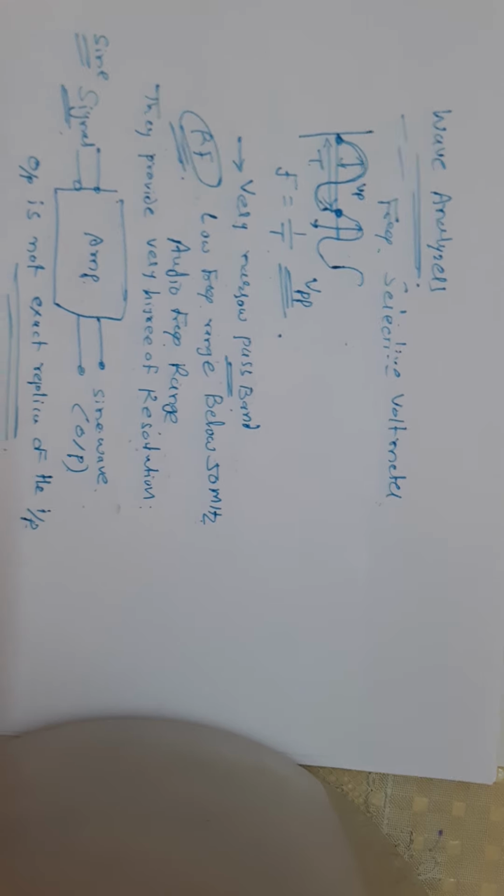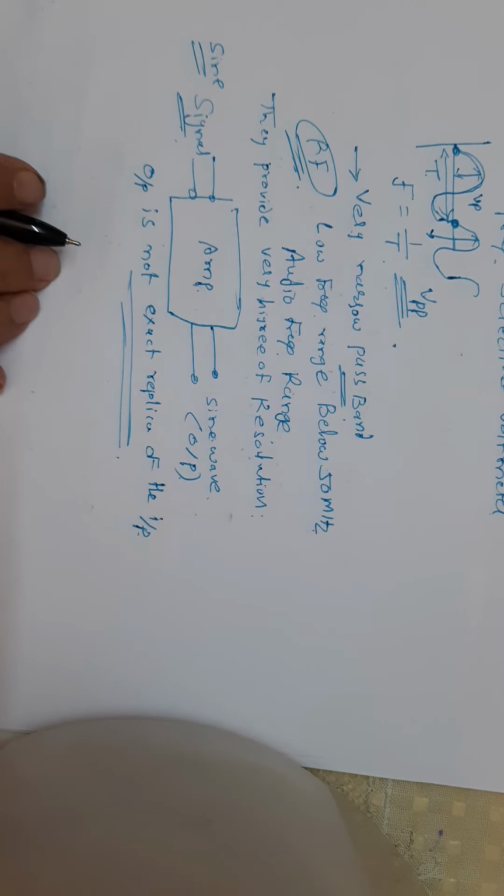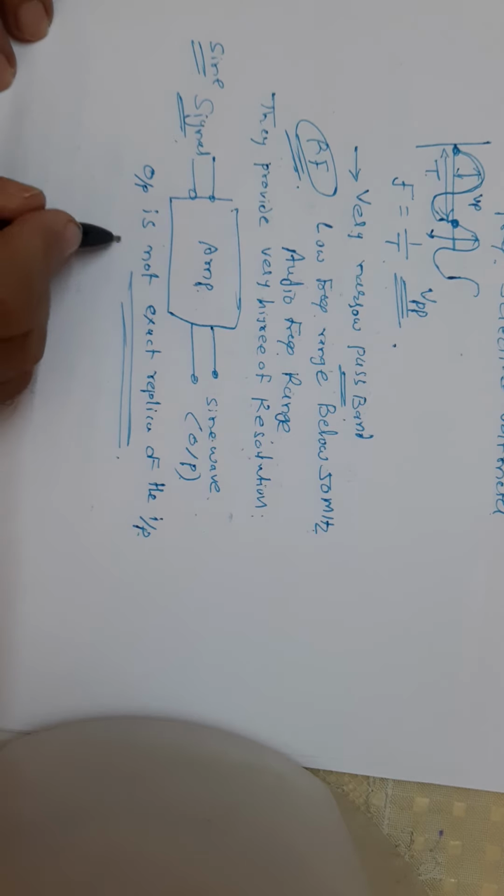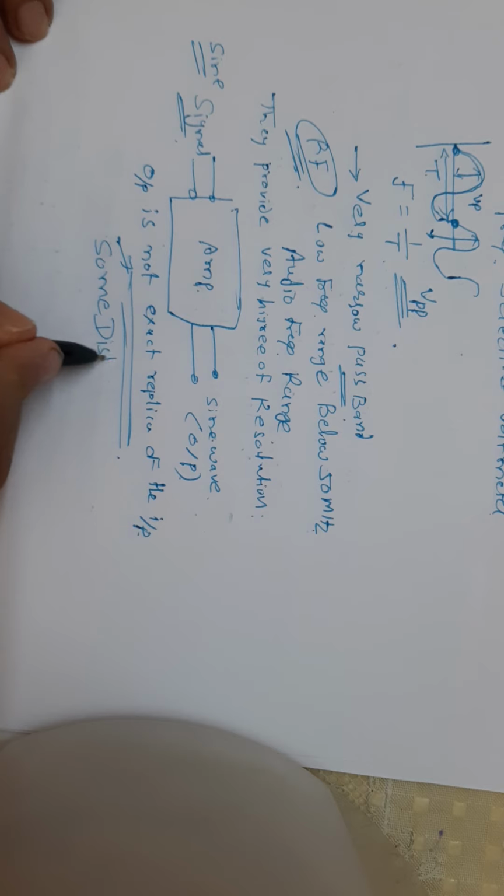See here, whenever we are applying any signal to the amplifier, the output is not exactly the same as the input. And in most of the cases, output waveform is not exact replica of the input signal because of different types of distortion. So there must be some distortion.